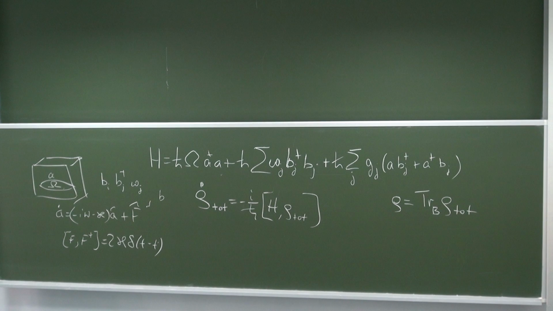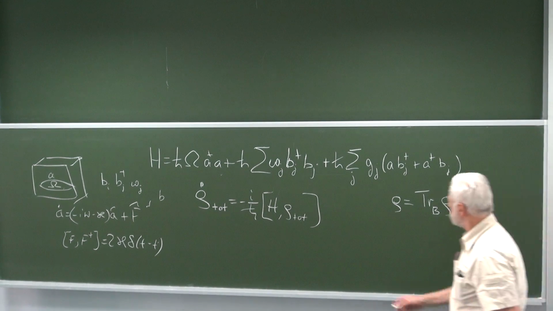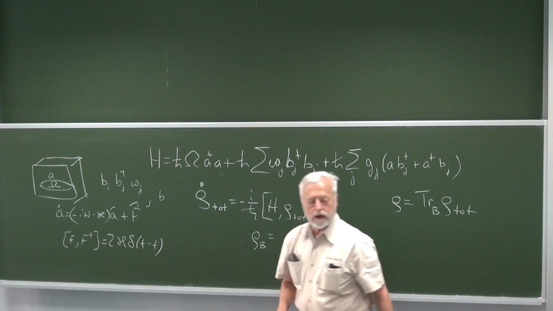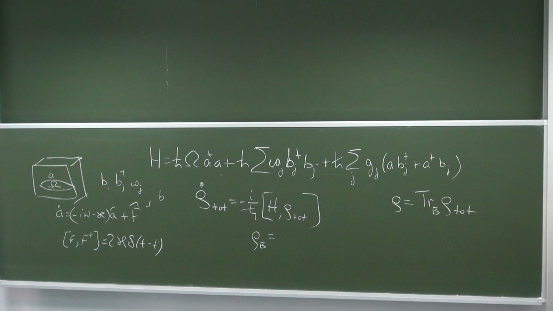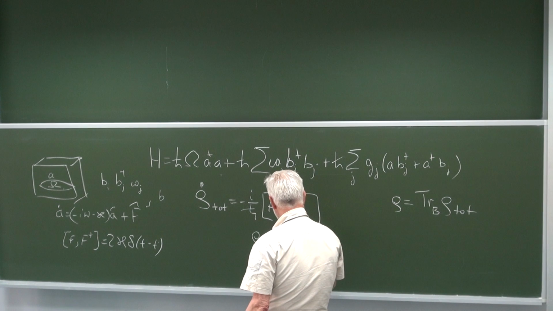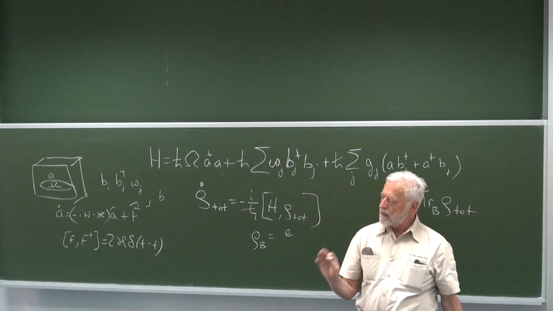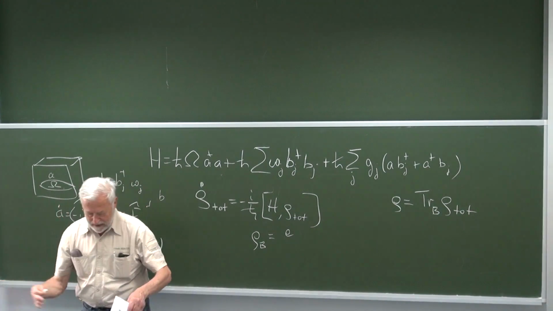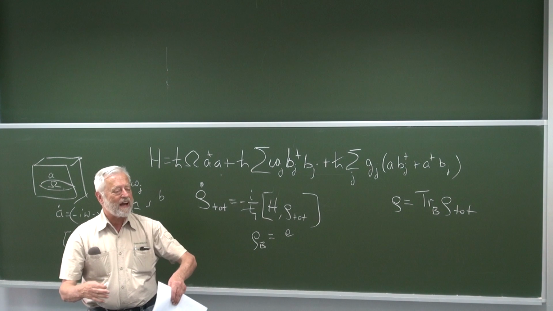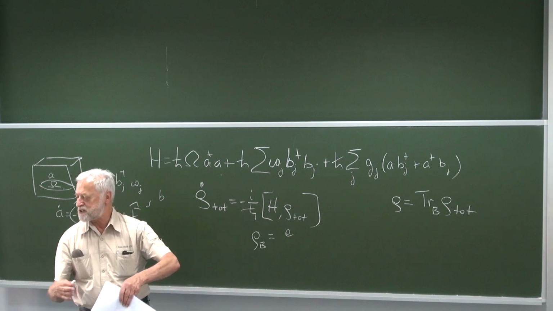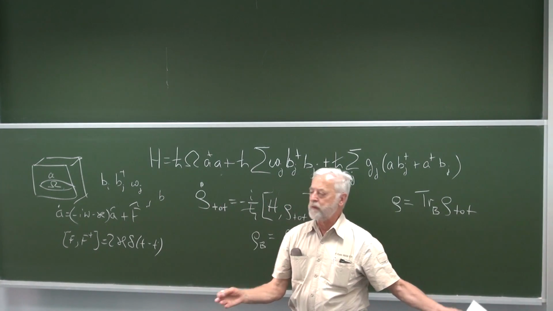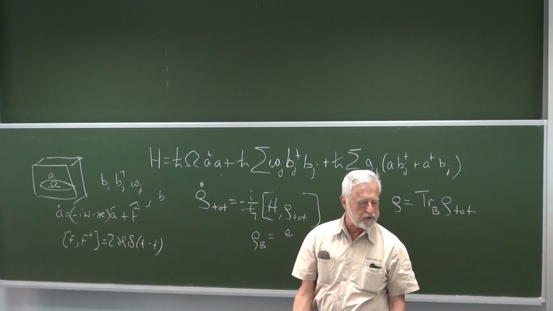So for the bath rho, we will assume something which is almost obvious, namely that this is the canonical distribution of the thermal state. It need not be so. What I'm writing now is limiting our attention to some special situations, rather common. Usually outside there is a well-defined temperature.